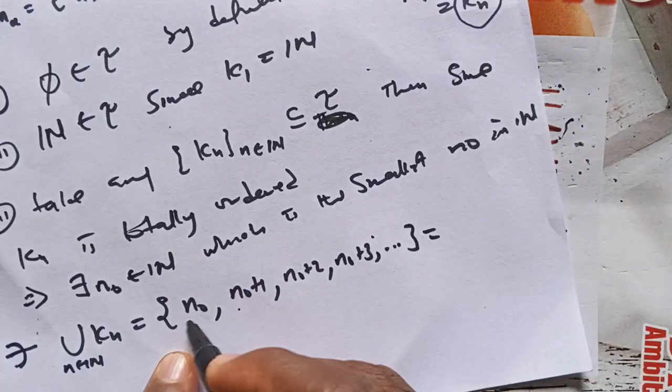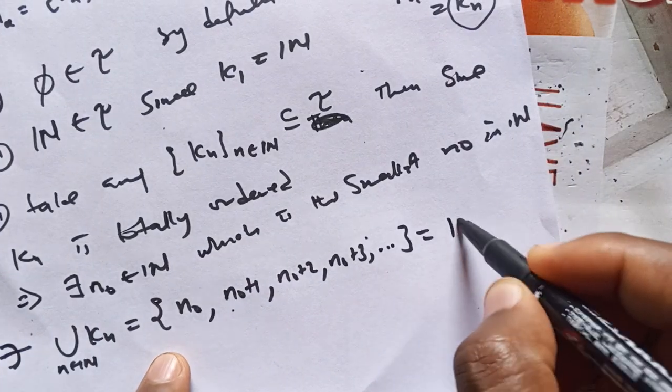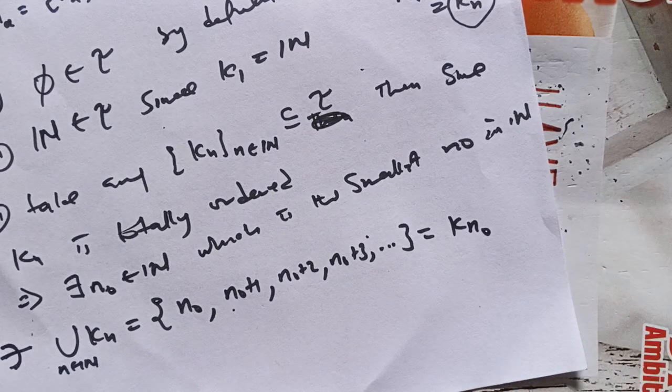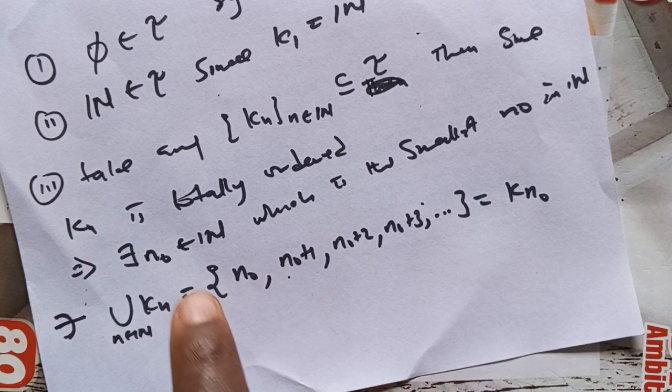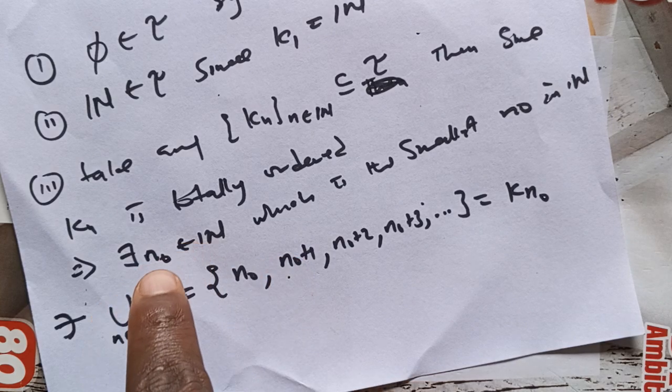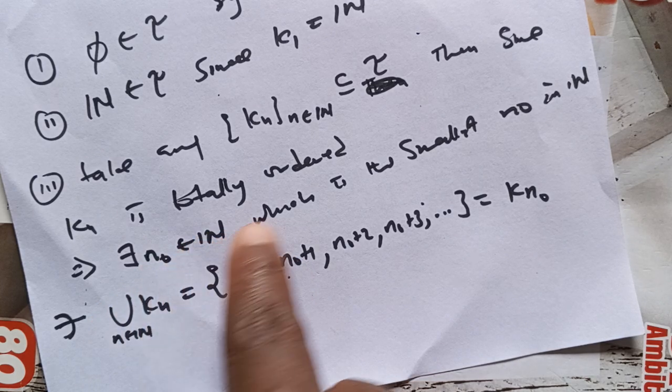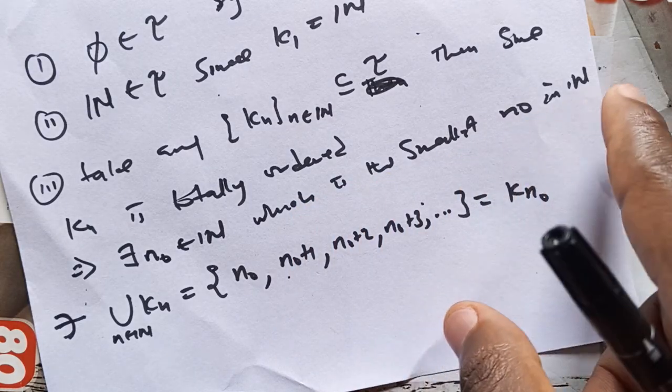And of course, whenever we have this, then this is simply K n naught. Now what does this thing mean? This means that there exists an n naught in N, which is the smallest number in N.